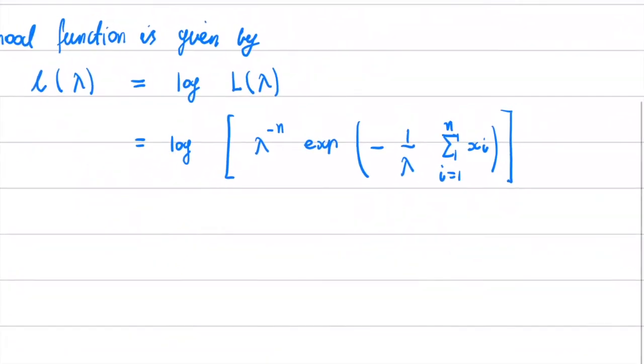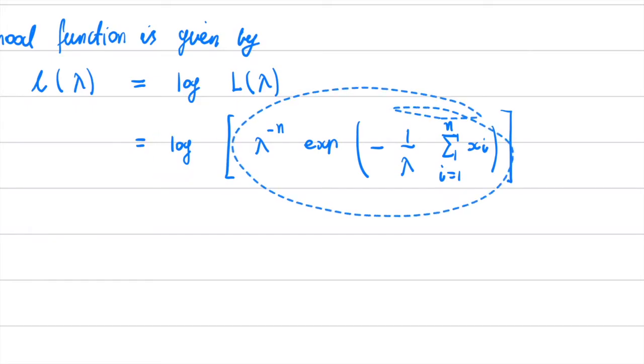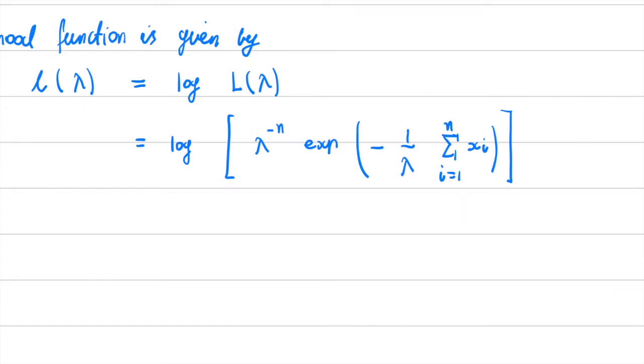Now we're going to use our log law. Remember that log of a product is equal to the sum of logs. So we can now rewrite this as log, or we can say that these two terms are multiplied by each other inside the log.